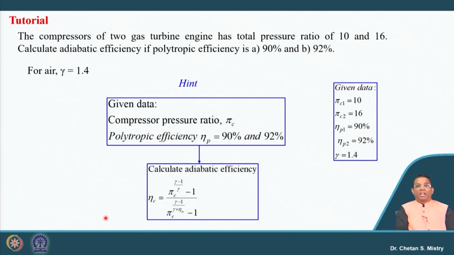Then we discussed how the process in terms of the HS diagram happens for the compressor. Then we did our analysis with the control volume approach, and we came up with two important properties. One is my isentropic efficiency or adiabatic efficiency, and second is my polytropic efficiency.